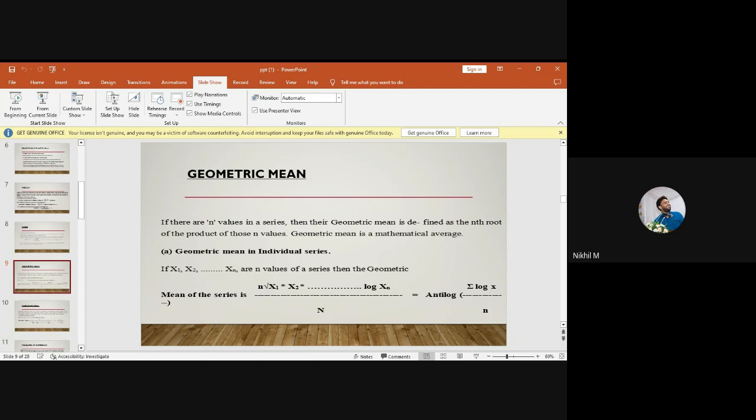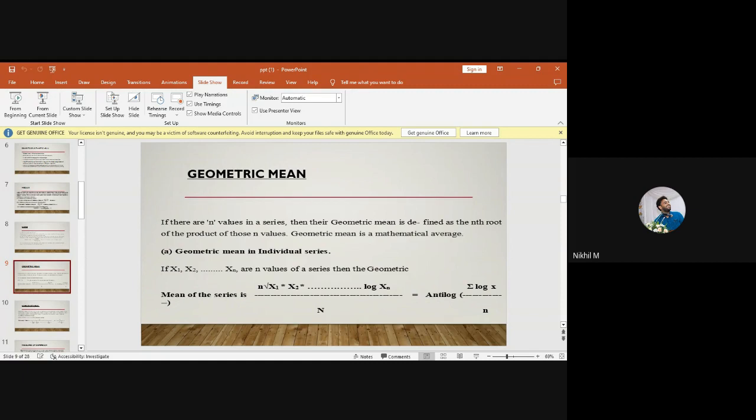Next is the geometric mean. If there are n values in a series, then their geometric mean is the nth root of the product of those n values.